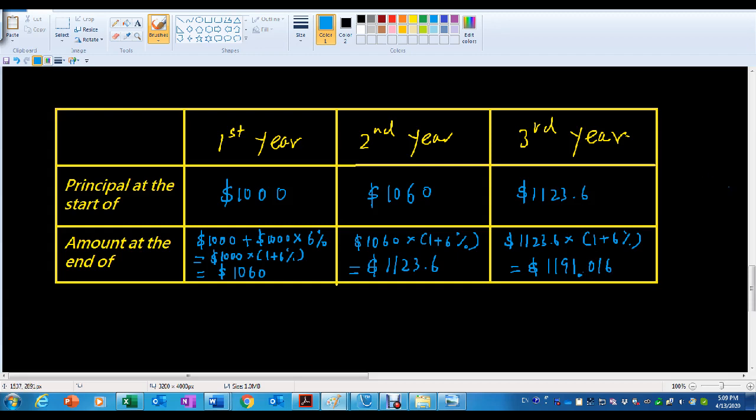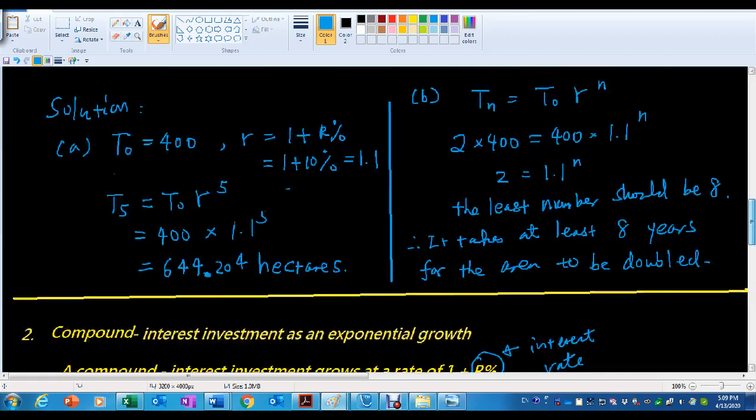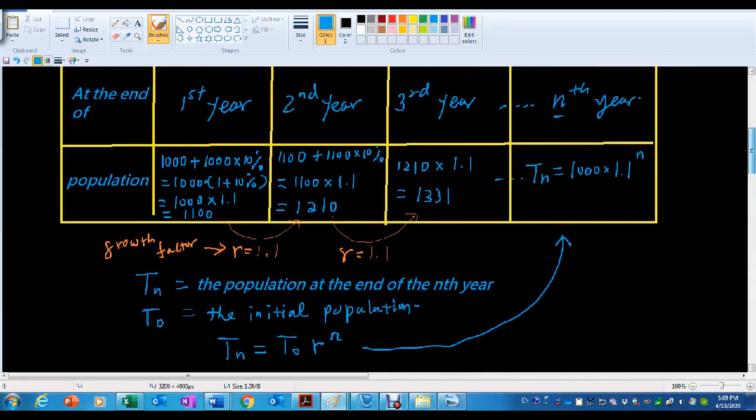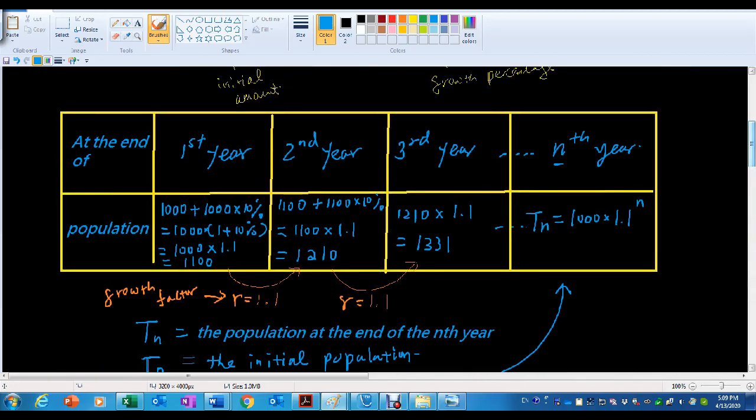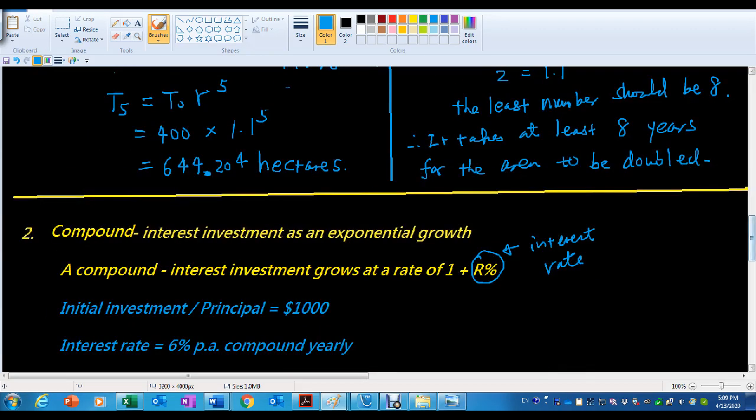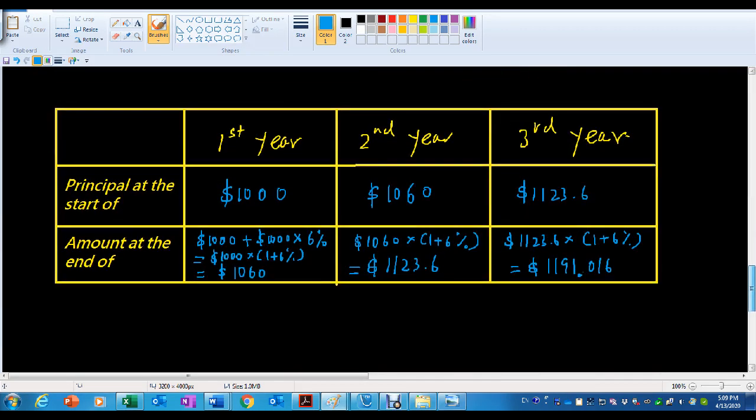So do you see any resemblance between exponential growth here and the compound interest here? Actually, they are the same essentially, right?